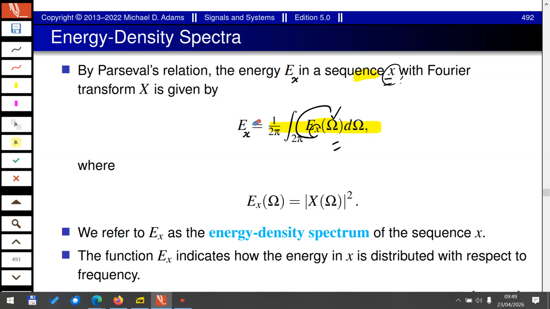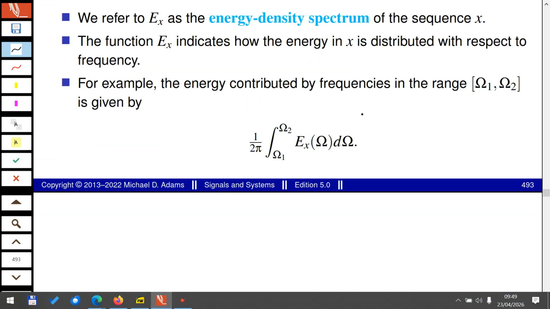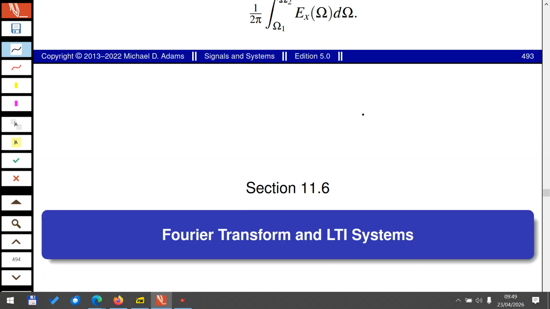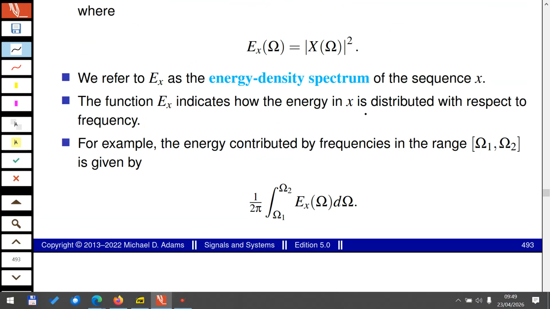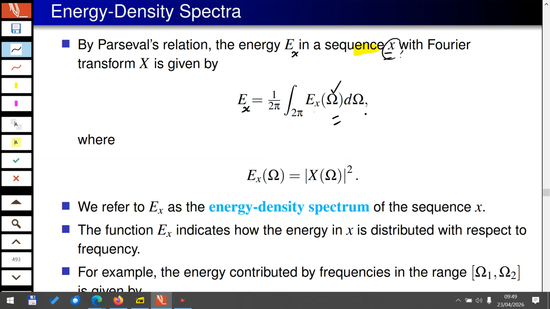So he's somehow thinking that x is the reason. X is not the reason. Omega is the reason, right? So it doesn't matter whether you write this x or not. I mean, a better way will be to just introduce some new notation, maybe call it tilde, right? And then you are safe.